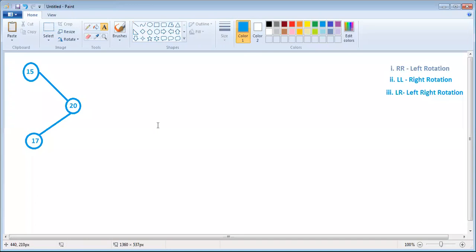Yes, ma'am. So I'm checking the balancing factor here, 0. What about 20? +1. And what about this node, 15? -2.